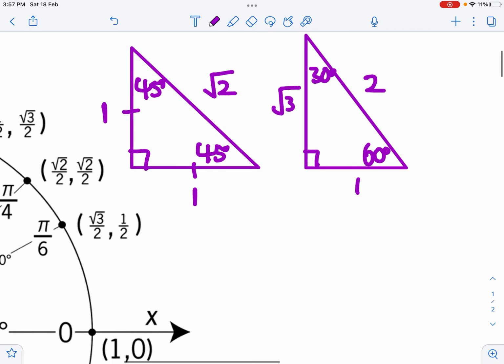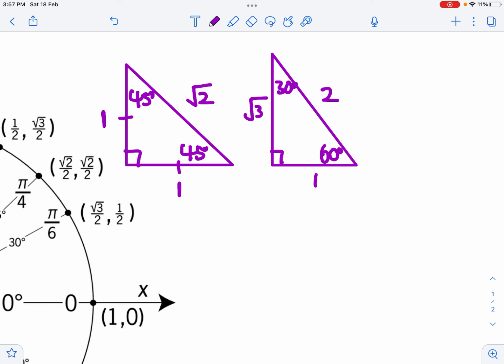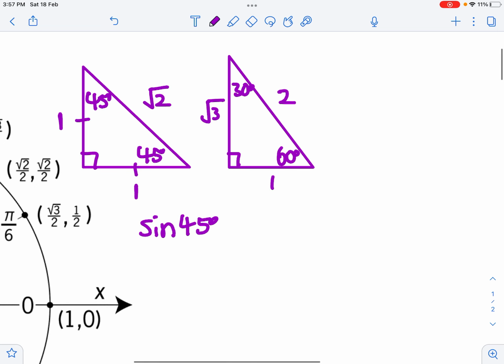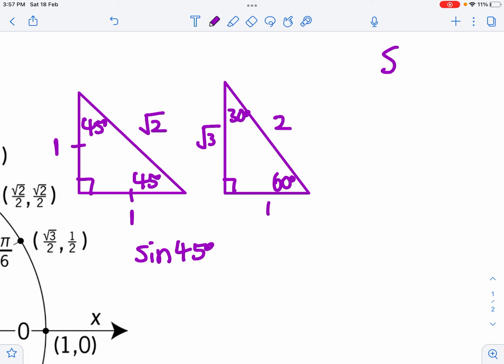Let's say I want to know the sine of 45 degrees. Remember what we learned from the beginning. We learned that SOHCAHTOA is used so that I know what is over what for specifically sine, cosine, and tangent.